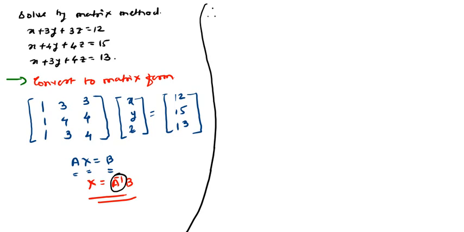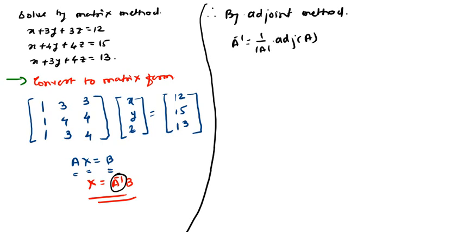Therefore, by the adjoint method, the inverse of the matrix is 1 upon determinant of A into adjoint of A.